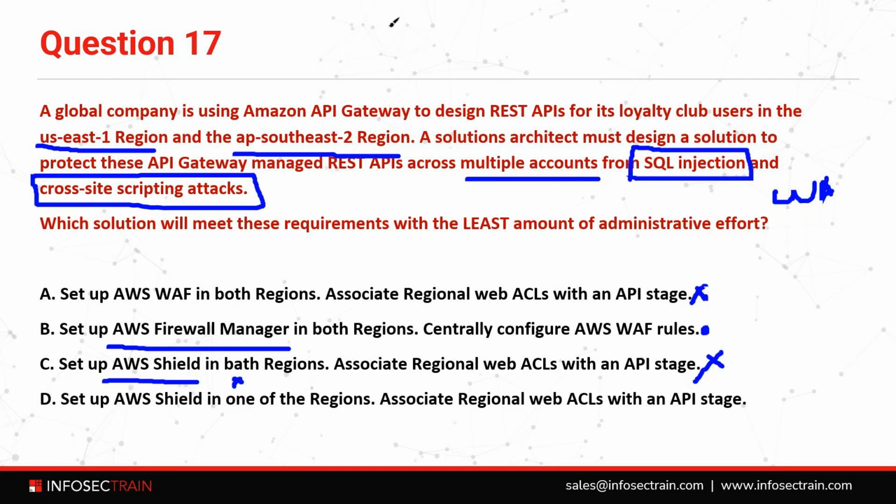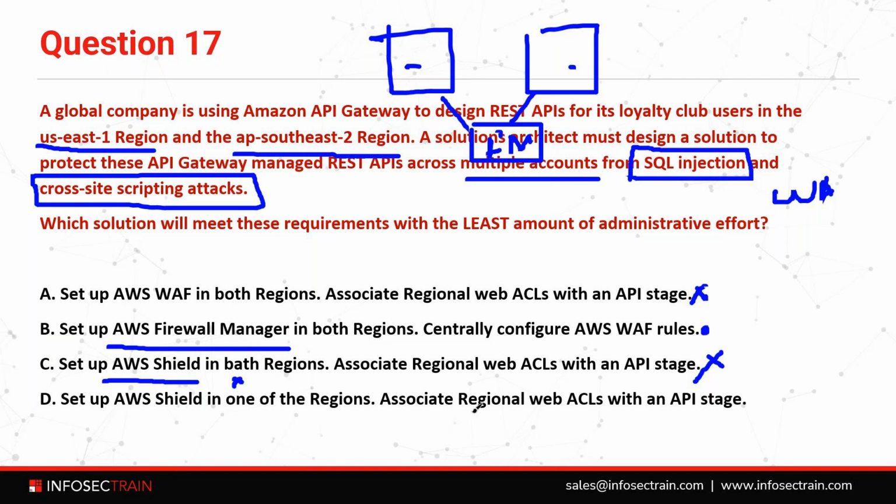But here we have two regions being used. So instead of creating different WAFs, I'm just going to create a centralized Firewall Manager to manage it. AWS Shield is again the same thing; it will not do anything here. So the correct answer in this case is B, Firewall Manager, a centralized security management service that lets you configure and manage AWS WAF rules across multiple accounts and regions from a single place.